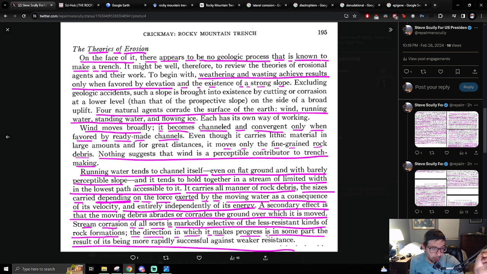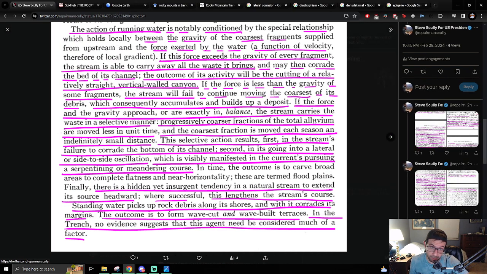The direction in which it makes progress is in some part the result of its being more rapidly successful against weaker resistance, like a highly pressurized current that doesn't care.